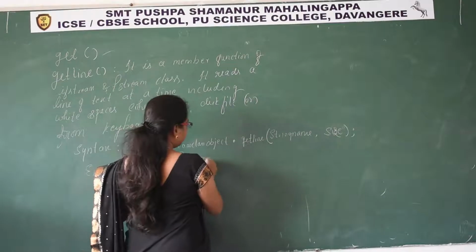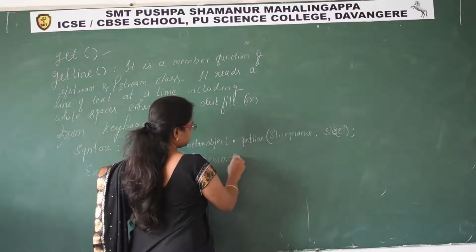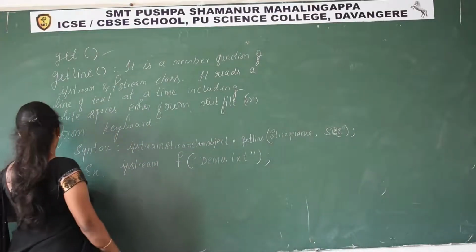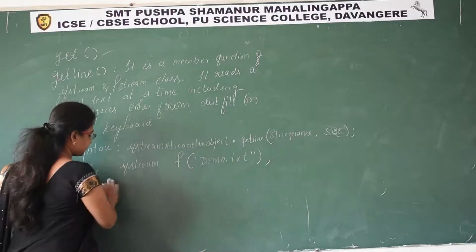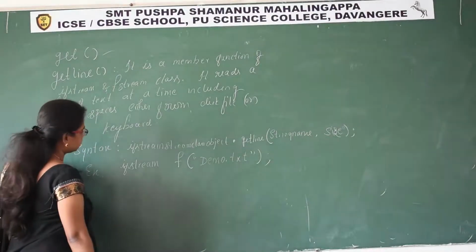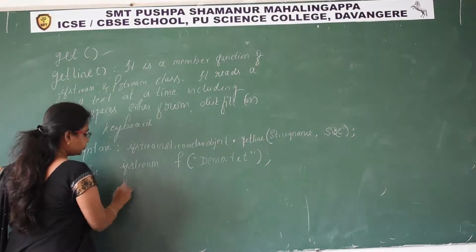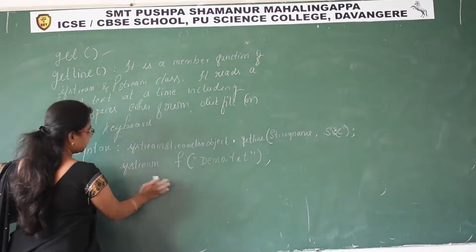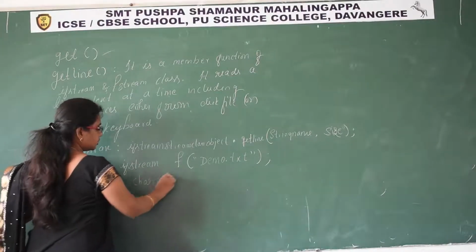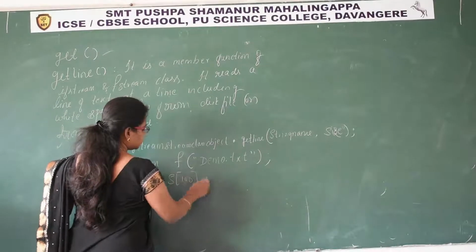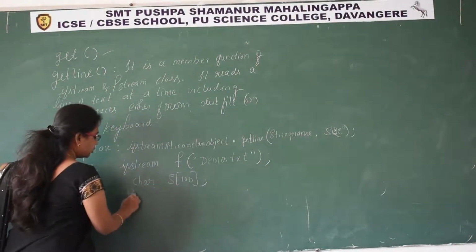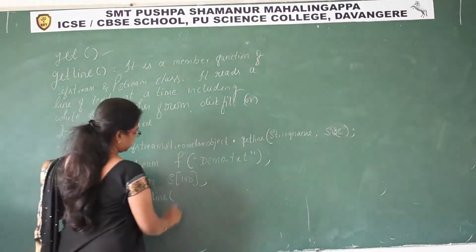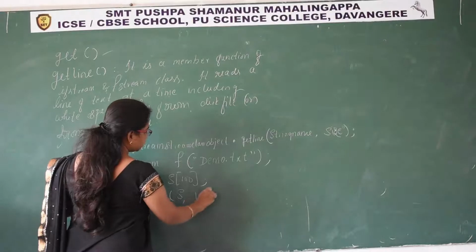So I'll take demo.txt. Now f dot getline. Before that I'll declare a string here, char s of 100 I'll take. f dot getline open parenthesis s comma 100.